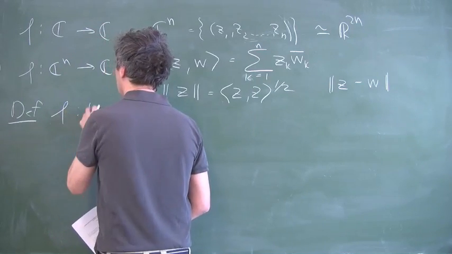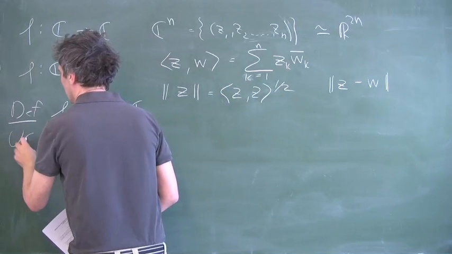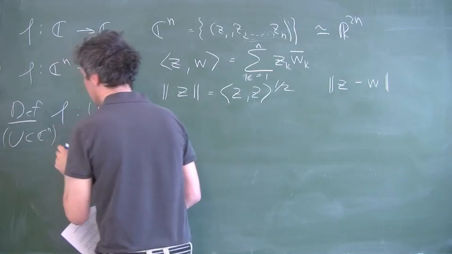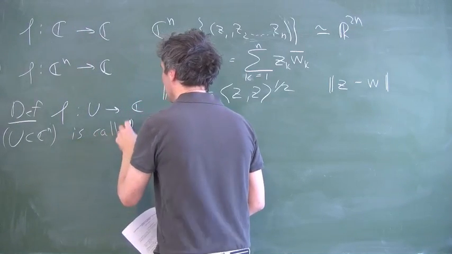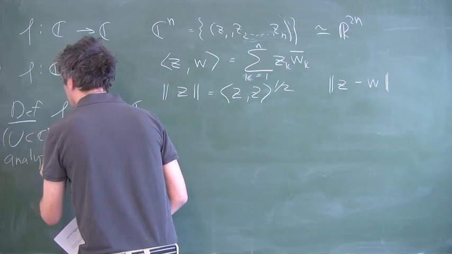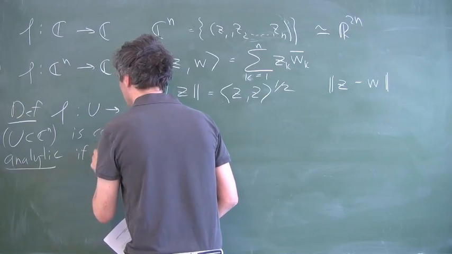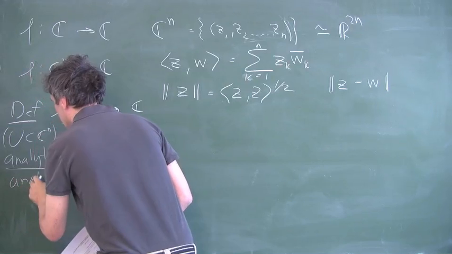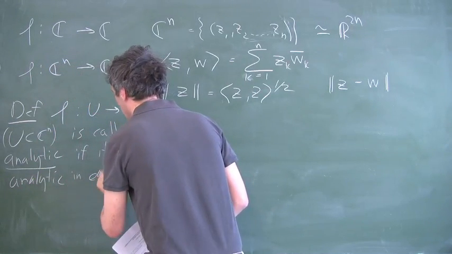F from U to C, where U is an open subset of Cn, is called analytic if it is analytic in each variable separately.